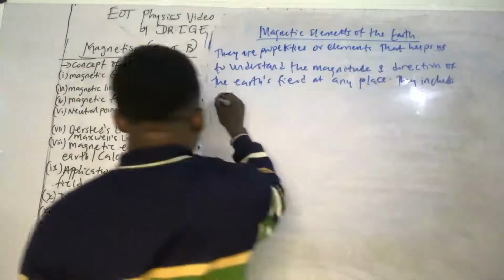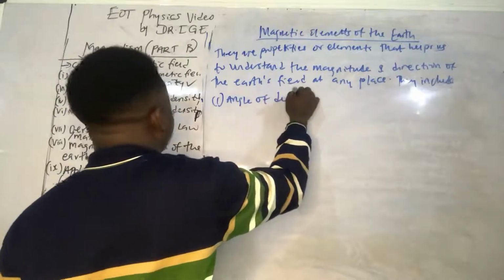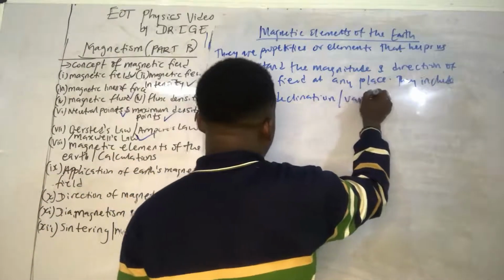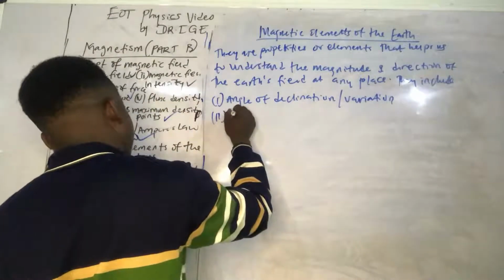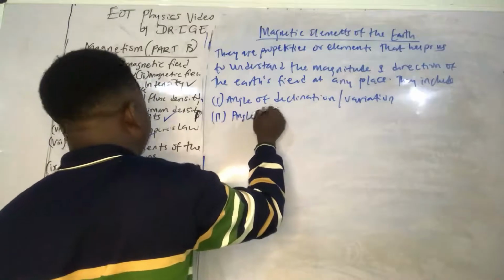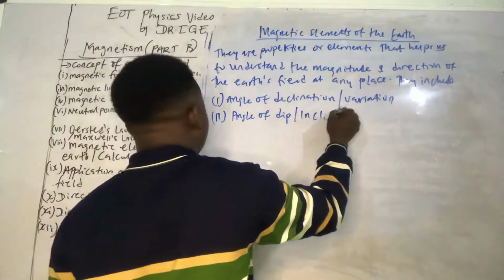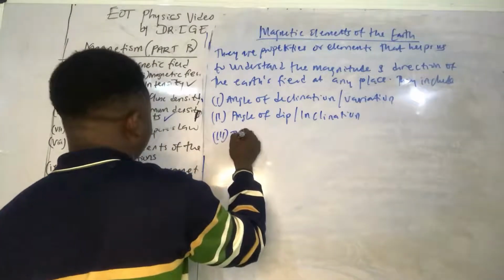Okay, and they are actually three. They include: 1, we are going to talk about angle of declination, which is also called angle of variation. 2, we are going to talk about angle of dip, or angle of inclination. And 3, we are going to talk about what?